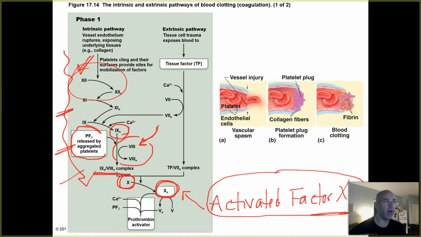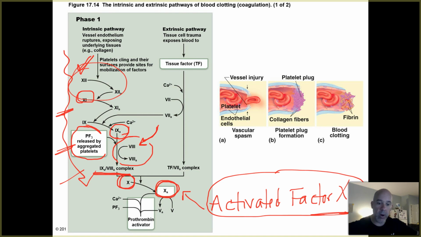And also, this is a positive feedback type thing, because as I said, these activated clotting factors are actually enzymes. Enzymes can go around and do a chemical reaction, and then they do another one, and then another one. They can be reused. So once you have activated factor 12, all of your activated factor 12 molecules can go on the hunt for factor 11s and convert a bunch of those over to factor 11s that are now activated.